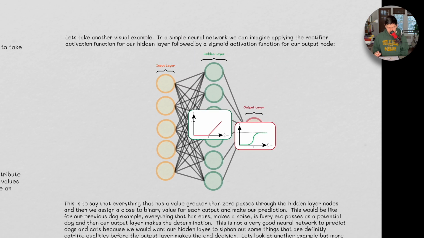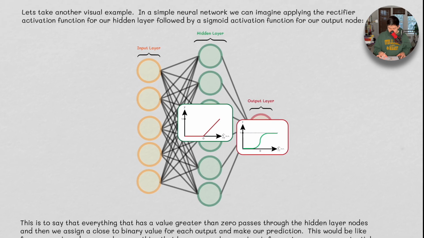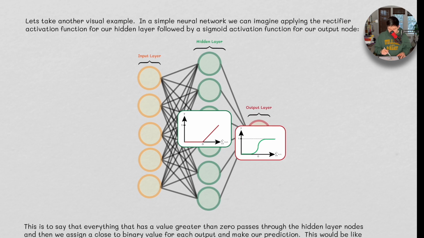So let's take another visual example. In a simple neural network, we can imagine applying the rectifier activation function for our hidden layers, followed by a sigmoid activation function for our output node. So when we look here, these are our input layers, and then for our hidden layers, each one of these could have a rectifier activation function. So they're sending values. This guy here could send a value of, say, 0.5. This guy here could send a value of 23.21.